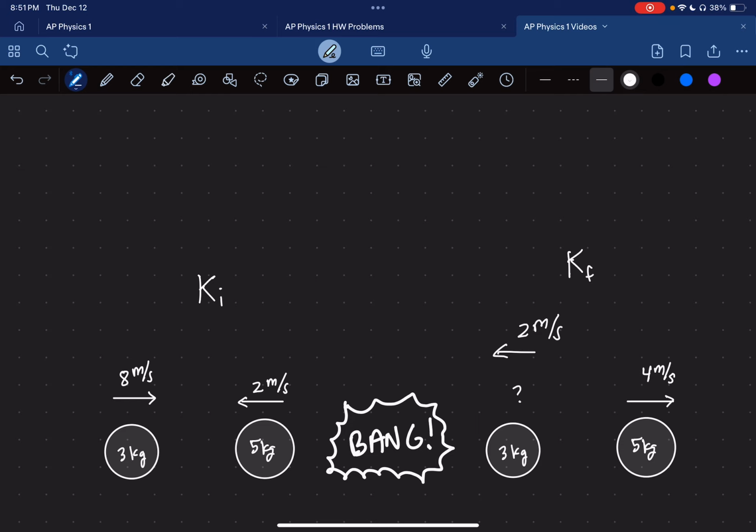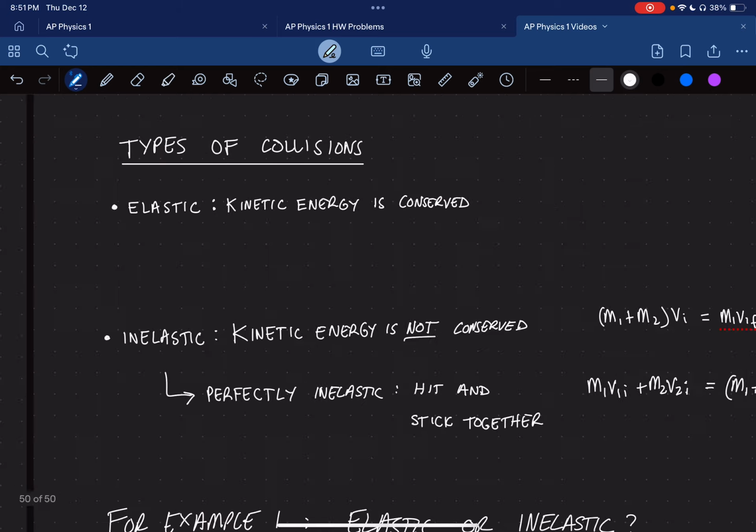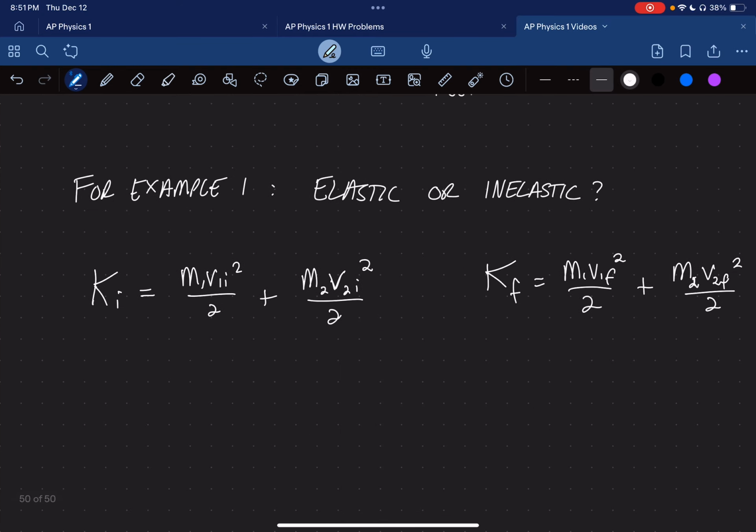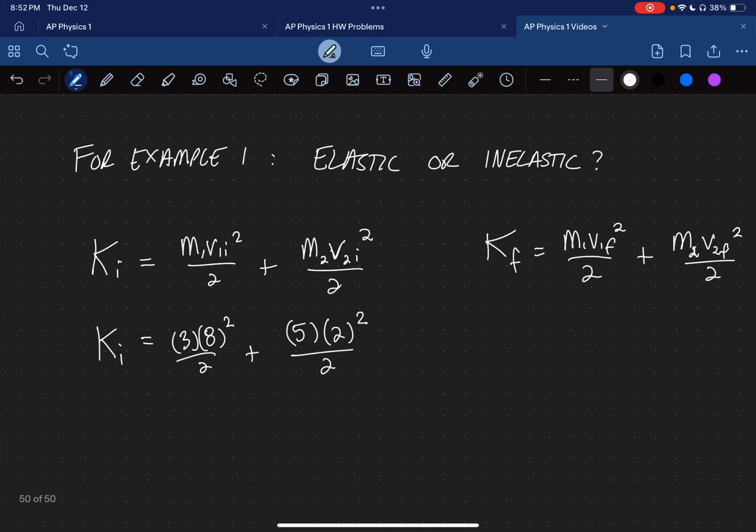So, 3, 8, 5, and 2. This is 3 times 8 squared over 2, plus 5 times 2 squared over 2. Remember that kinetic energy is scalar, and so we don't need the negative 2. We just need the speed.